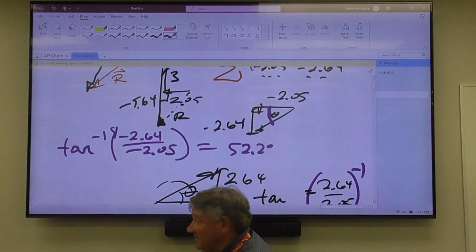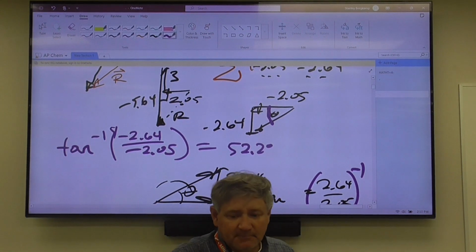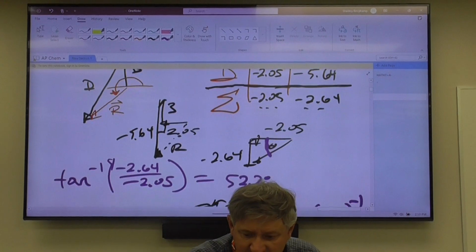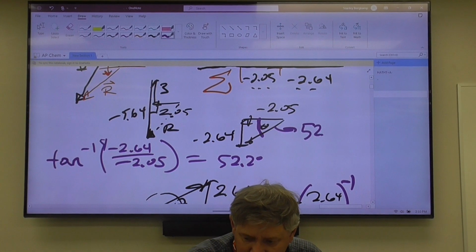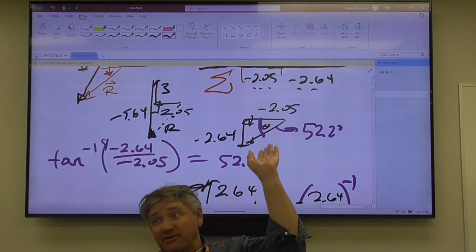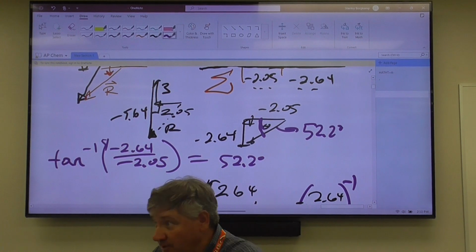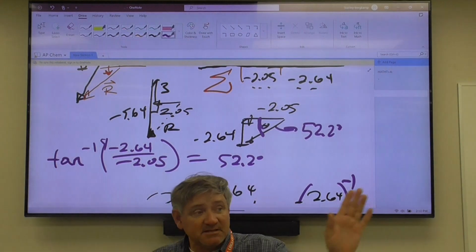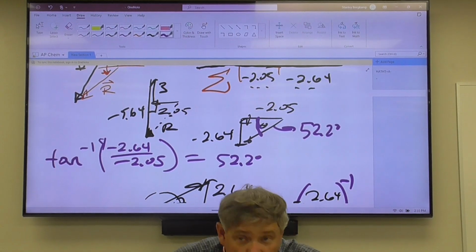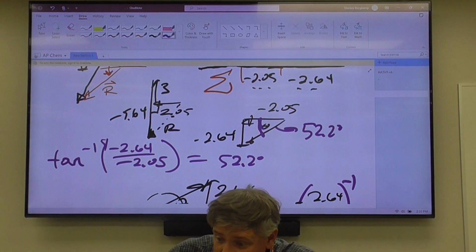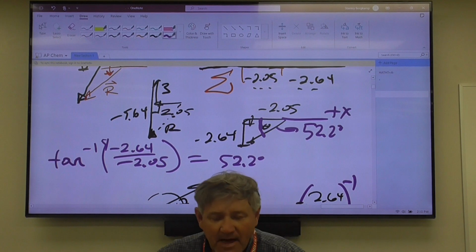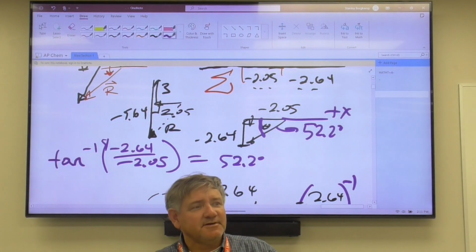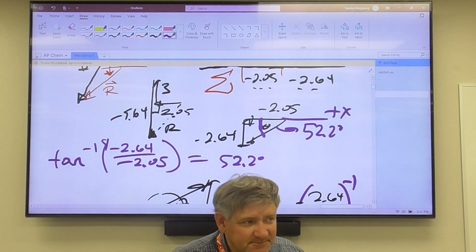Now, legitimately, is this angle in here actually 52.2 degrees? It is. That's 52.2 degrees. But that's not the angle that I need. I need the angle from the positive x-axis. So what am I going to do?